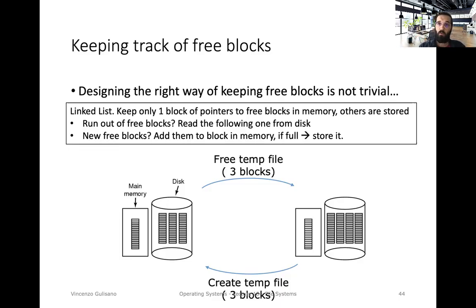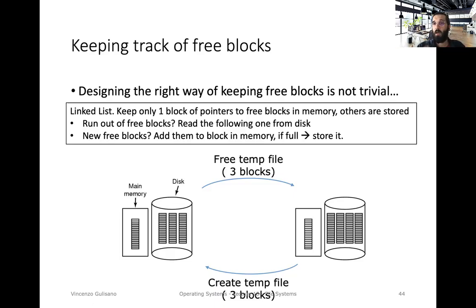But then you have to create a file and you need more or less the same number of blocks. So you start consuming the ones you have in memory. You only have a bunch of them. Then you exhaust the block and you need to read it back from the disk, and this is the same block you just wrote.